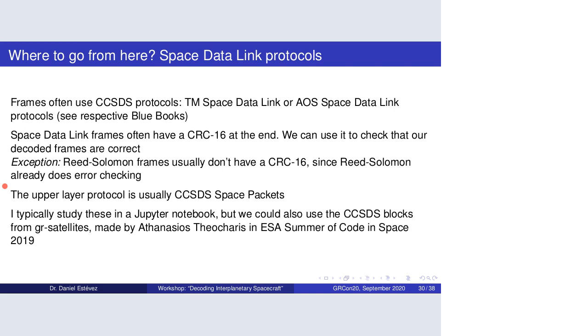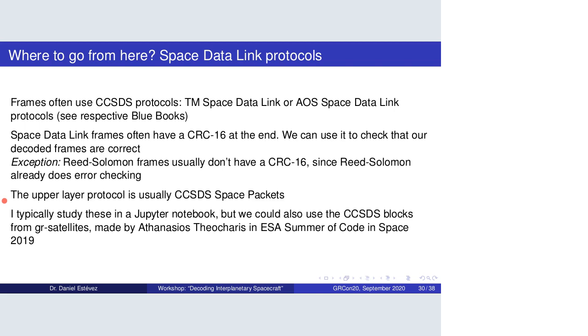Maybe think about it like IP fragmentation in the internet stack of protocols, but also to distinguish between different applications. Think of the concept of port like in TCP or UDP ports, which are used to separate the data for different applications. Many times space packets are used on top of TM or AOS space data link.